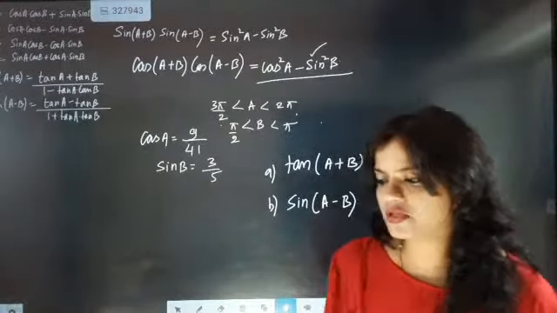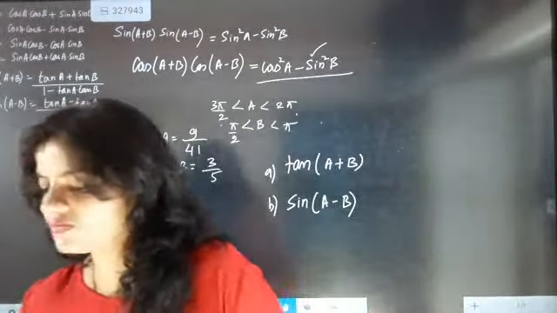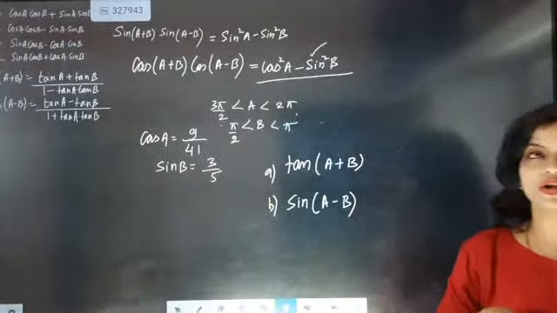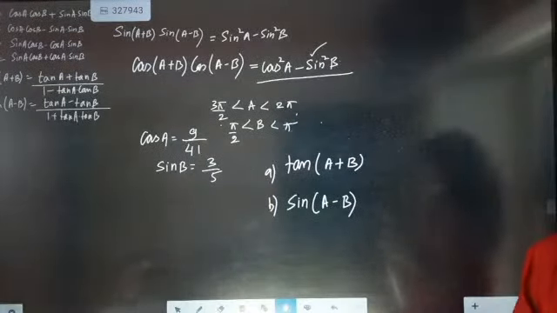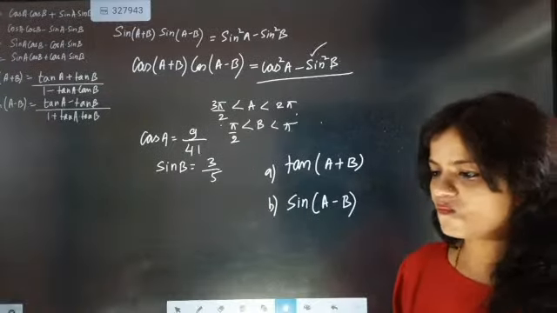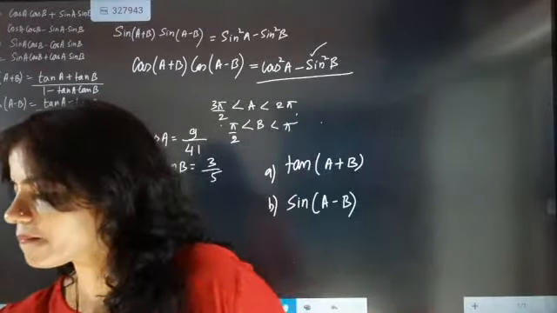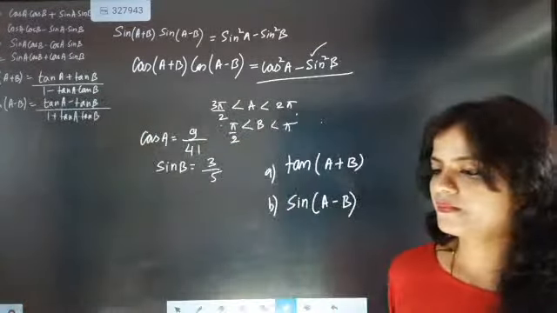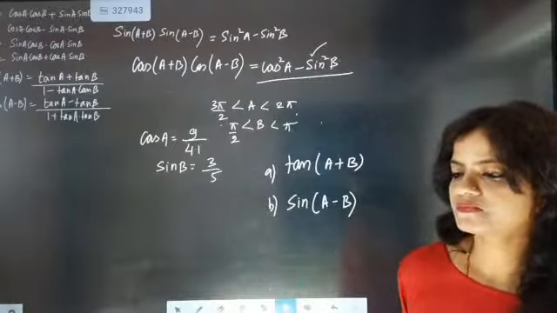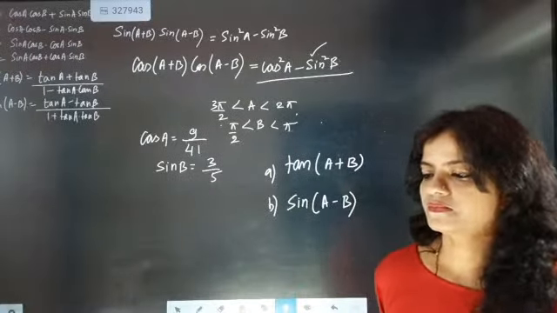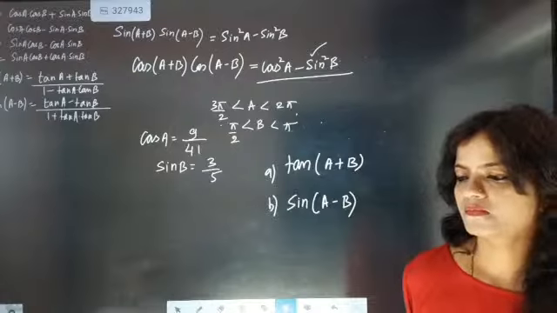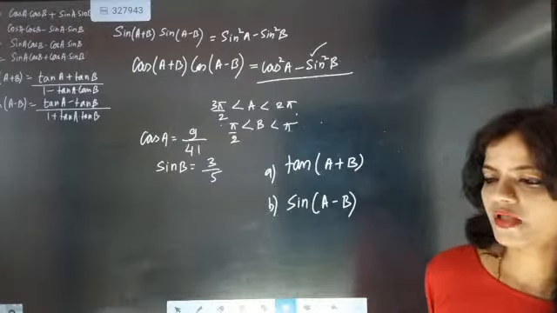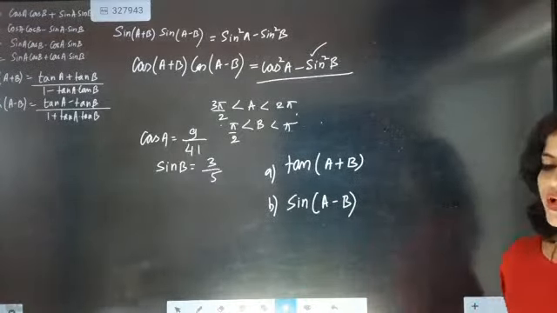You have to listen to this part very nicely and then start solving the questions. Come on, go for it. You will be able to do it. I am moving so that you can see this part.